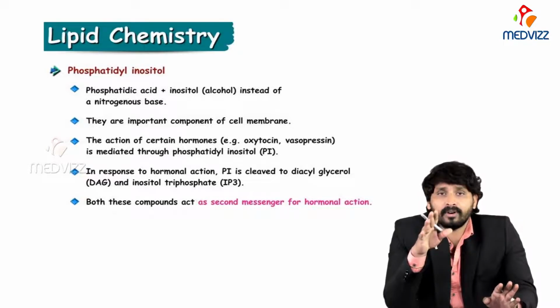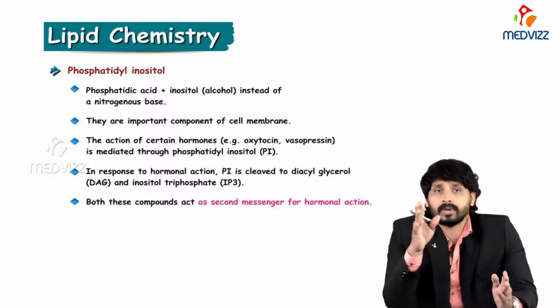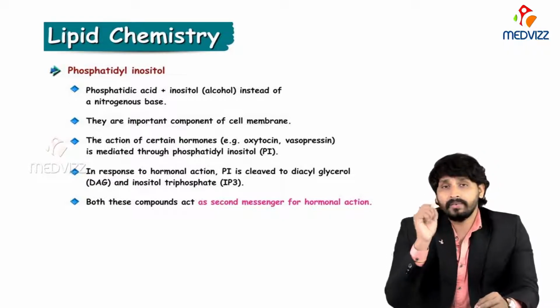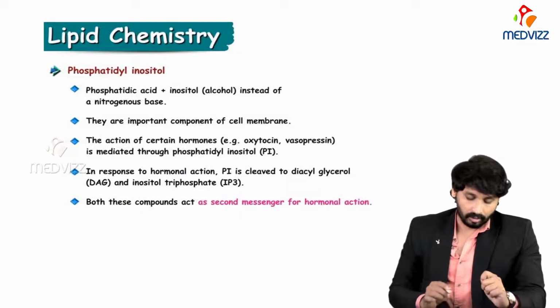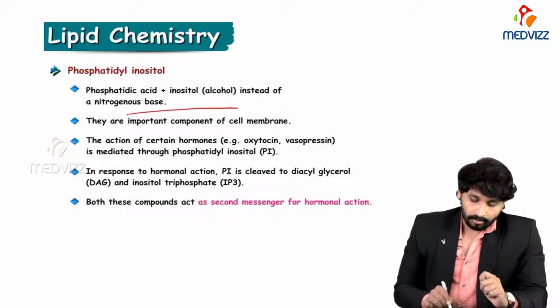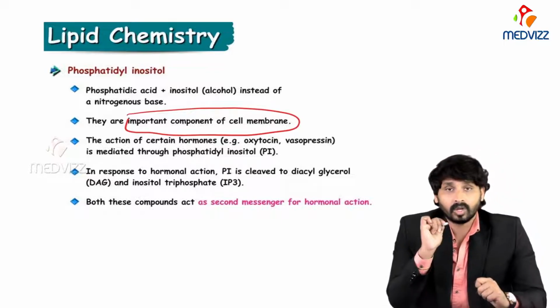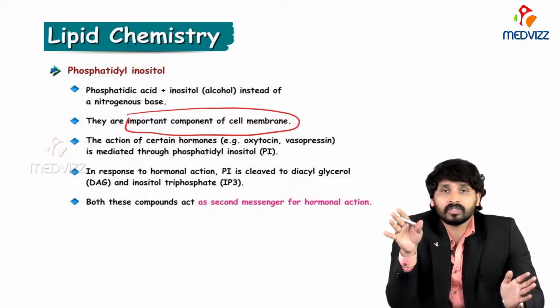Inositol is a type of carbohydrate, an alcoholic form of carbohydrate. They are very important for cell membrane formation. They are important components of the cell membrane. Without this there is no formation of cell membrane.